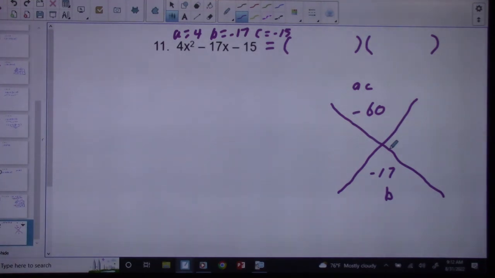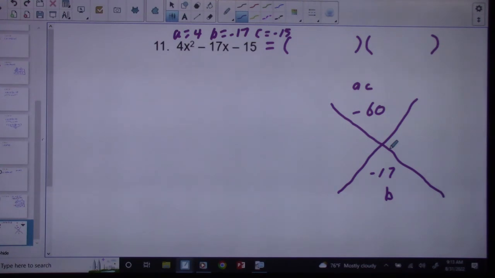So what 2 factors will add up to negative 17 when multiplied together are negative 60? I gave you some possibilities. Something like 1 and 60, right, are 2 factors. 2 and 30, 4 and 15, 6 and 10.